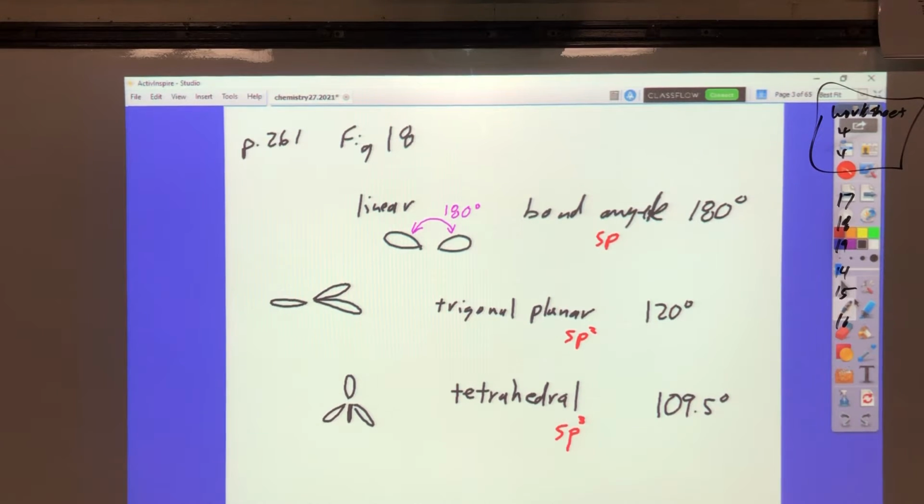Let's see if I can pull that one off with my models here. Give me a minute. It's not that one. It's not this one. Here's a triangular planar.